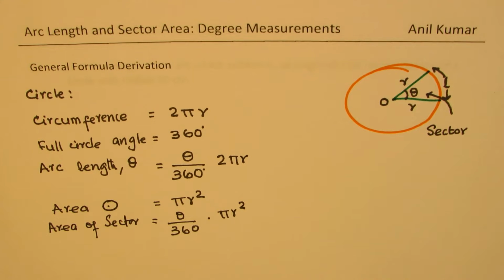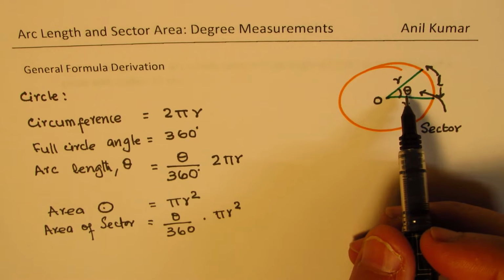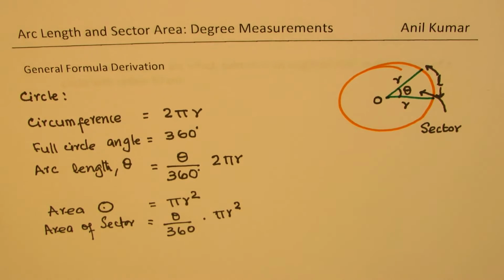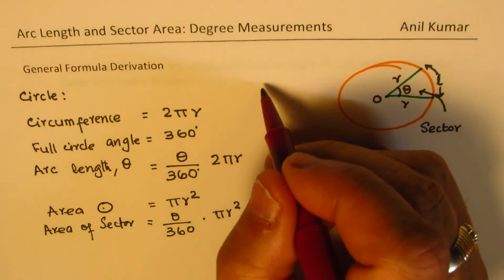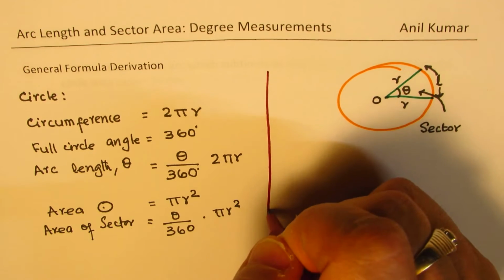Now you don't have to remember. It is a concept. If the angle is smaller, we have a smaller area and smaller arc length. And it is in the same ratio as the ratio of the angle theta itself. Do you see that? So I hope this concept is absolutely clear. Now that should help us to find solution to all our questions, correct?